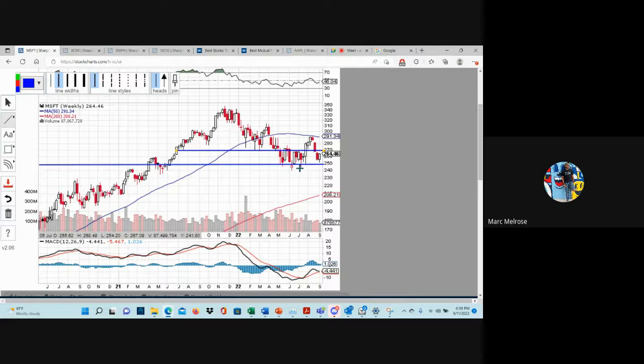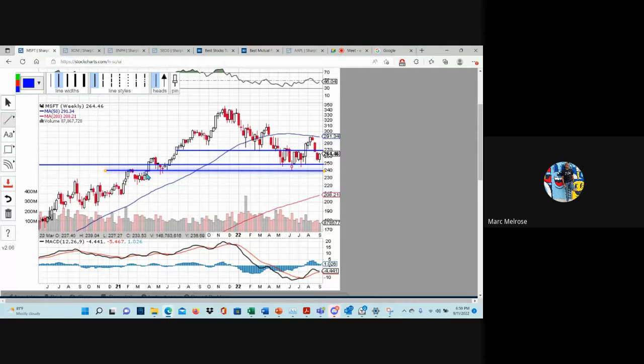And if it potentially broke under our support line we have drawn here, my next support area would be at this 240 range. So I will make my next one at 240, so $10 less. It just works out that way with this stock because we have touches in this area. It touched here, rejected it.